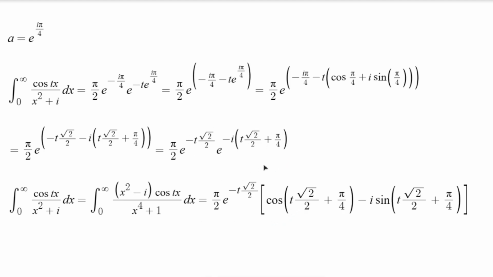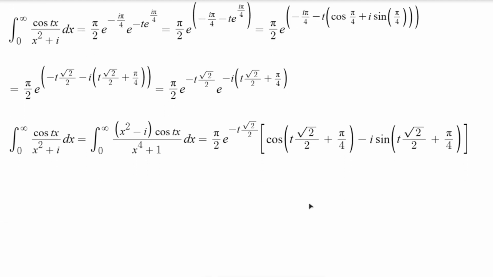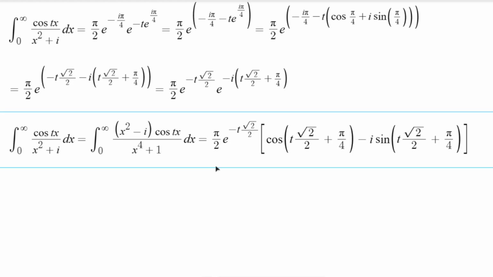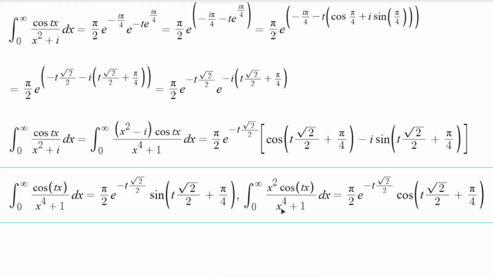And then what I did is I used Euler's formula on this to break it up into its cosine and sine parts. That's right here. And we are pretty much done. Now all we have to do is match the real and imaginary parts of this integral with the real and imaginary parts of this expression right here to give us this. We are done.